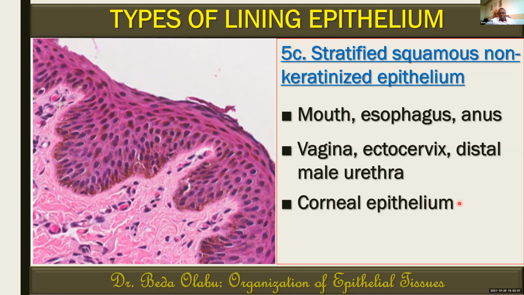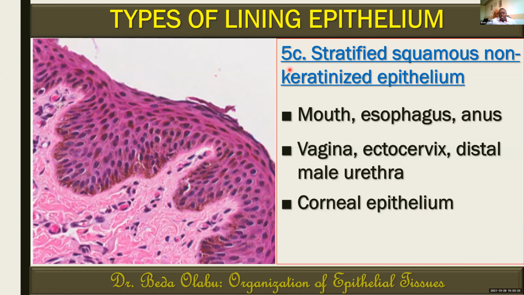The cornea is also lined by this epithelium. But which side of the cornea? The side of the cornea in front, now not the one behind. That is what we call corneal epithelium, as opposed to corneal endothelium. The corneal endothelium is the epithelium behind.